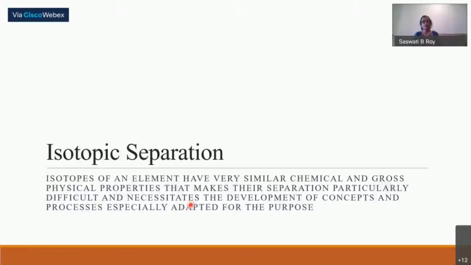Now, isotopic separations are needed for what? Isotopic separations are also needed for this neutron balancing, because if the reactor is using heavy water and natural uranium, in that heavy water you have to do isotopic enrichment. What is heavy water? There deuterium is a much higher percentage.